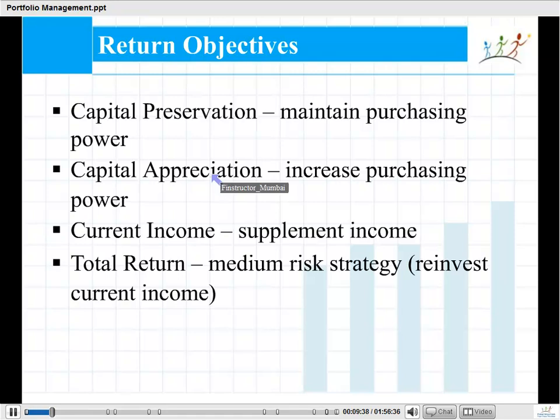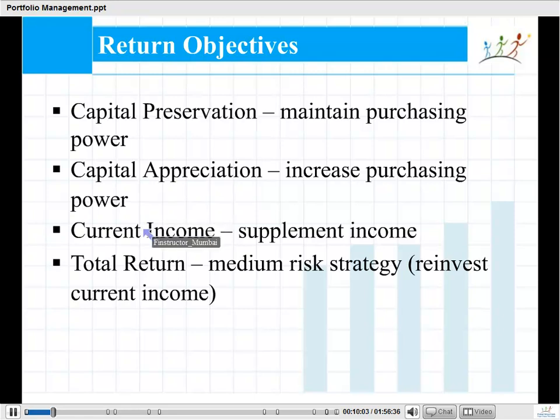So young investors who have ambitions of purchasing a house or a car in the future would not just need savings, they would also need growth, as without growth they will not be able to meet their objectives of purchasing a house or making other big ticket investments. So capital appreciation means we want growth.